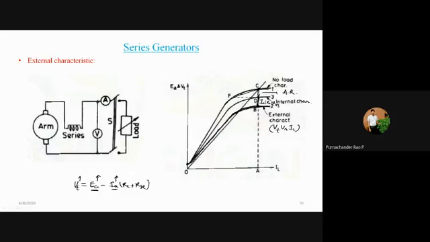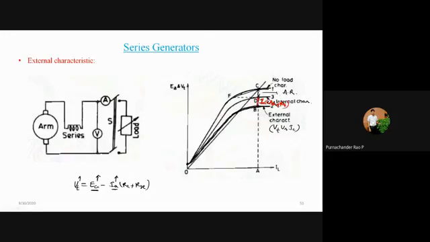So this is your external characteristics. For this external characteristics, if you add this resistance drop Ia into Ra plus Rsc, then you are going to get the internal characteristics of the machine.